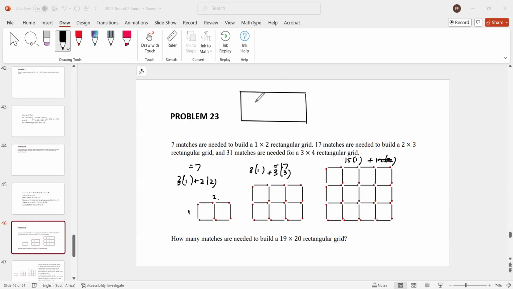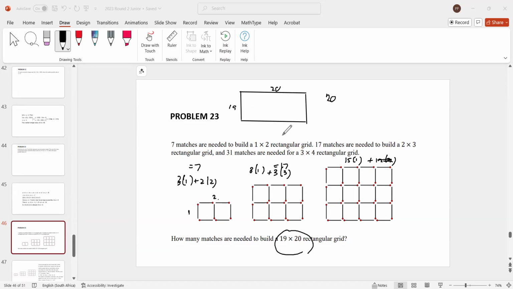So this is 19 here, and you've got 20 there. So you do have 20 on each row.